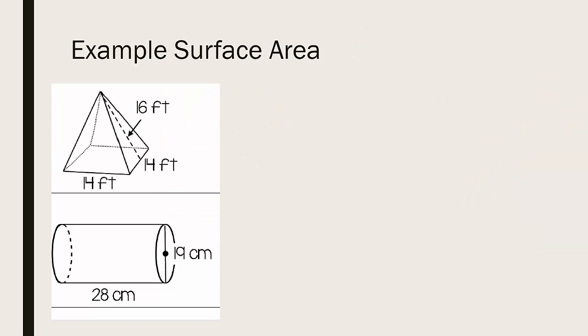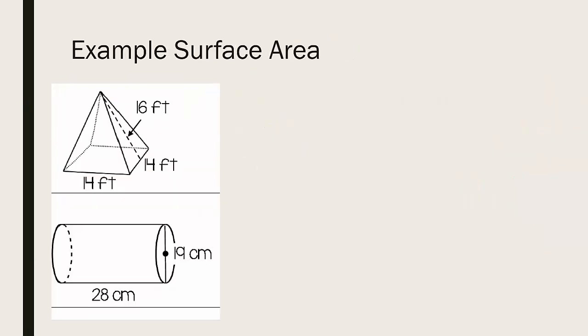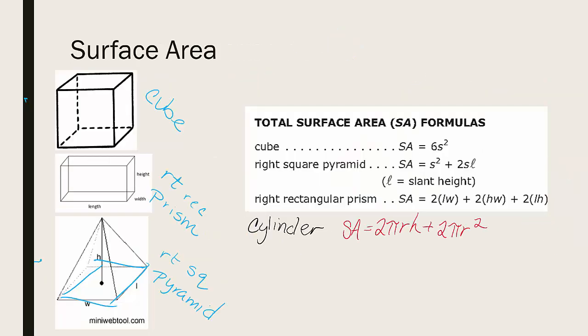All right, so now let's look at surface area. So let's go get the formula for the right square pyramid. So that's s squared, so the side, plus 2 sides times the slant length. No, it's the slant length.